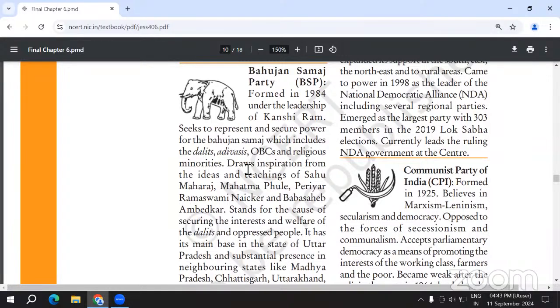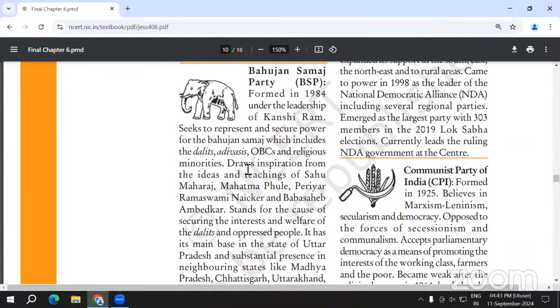So Bahujan Samaj, who are the people included? It included Dalits, Adivasis, OBCs, and religious minorities. 4 categories are included.